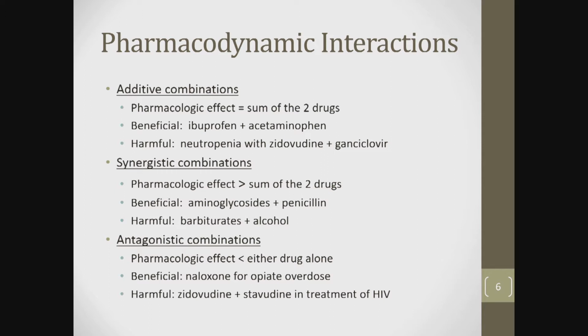A beneficial antagonistic relationship is the use of naloxone or Narcan used to treat opiate overdose. An example of a harmful one is that of zidovudine and stavudine, again, two antiretroviral medications used to treat HIV. They actually compete with one another for phosphorylation, and it's been shown both in vitro and clinically that using the two in combination actually results in a lessening of antiviral efficacy.